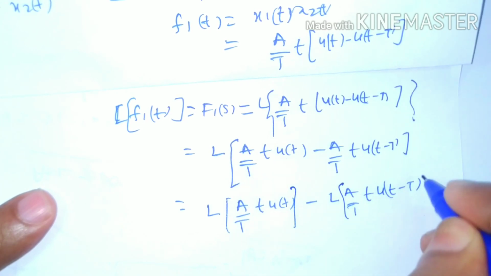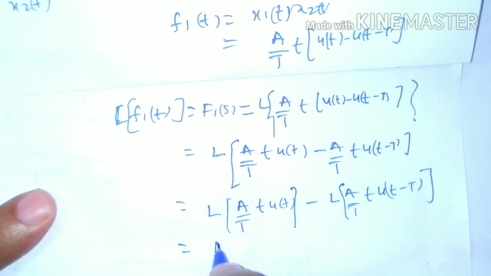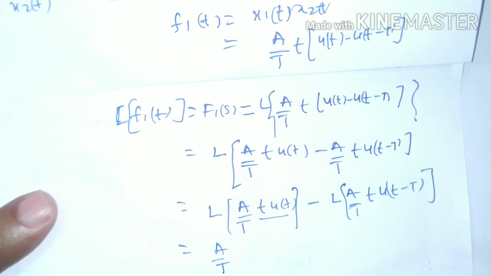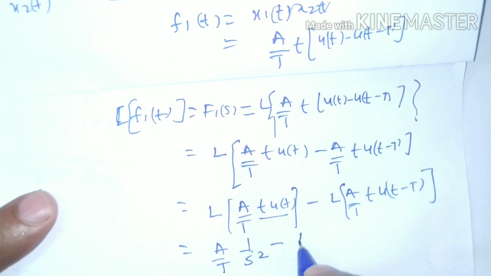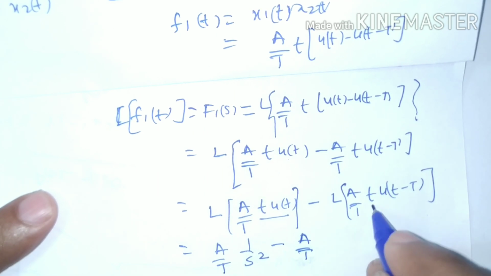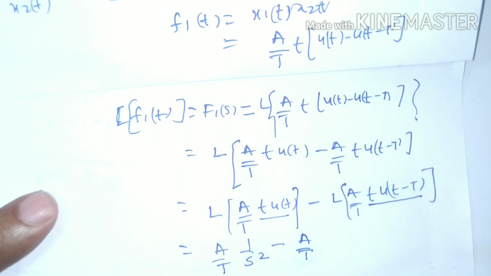This one and this one, as we know that A by T is a constant, so we can put it outside. It is a ramp signal, so we know that its Laplace transform is 1 by s square. The other one is also a constant multiple, so we have to find the Laplace transform of t times u(t minus T).